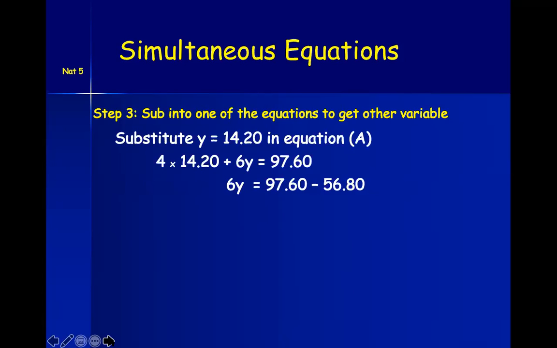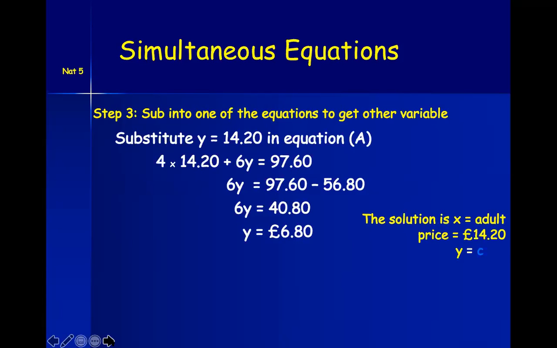Then 6y equals 97.60 minus 56.80. Then 6y equals 40.8. And then you divide by 6 on both sides. 40.8 divided by 6 is 6.80.